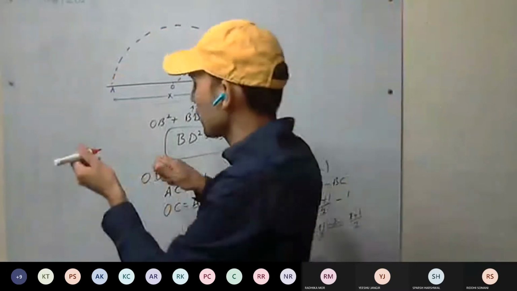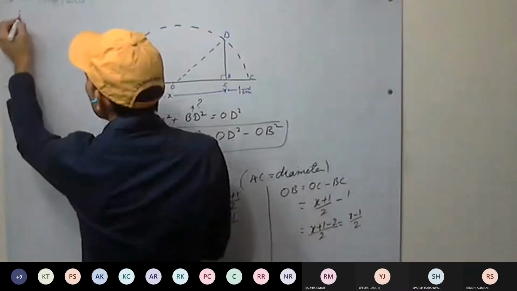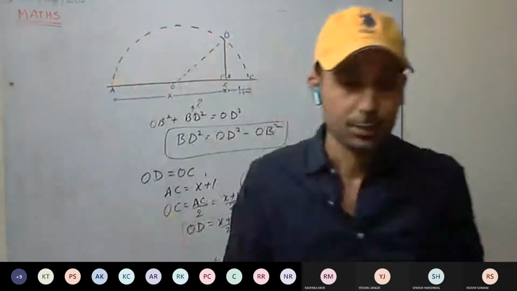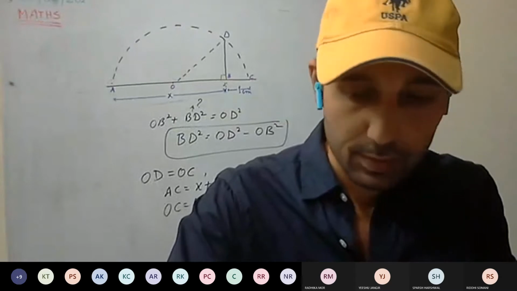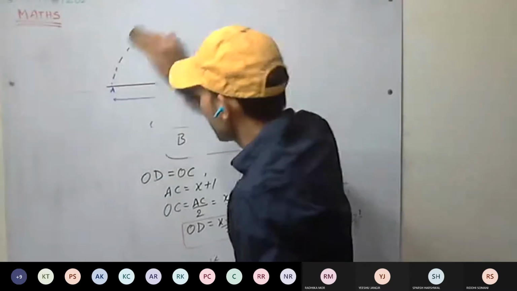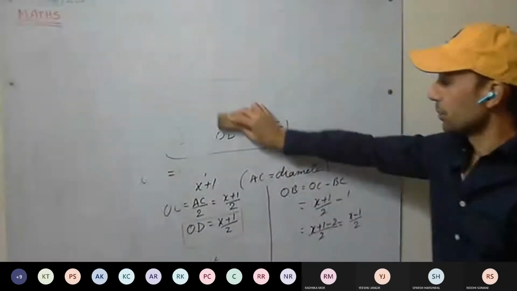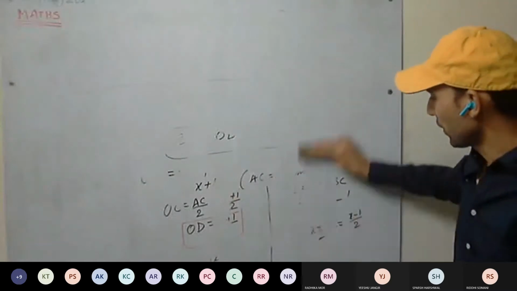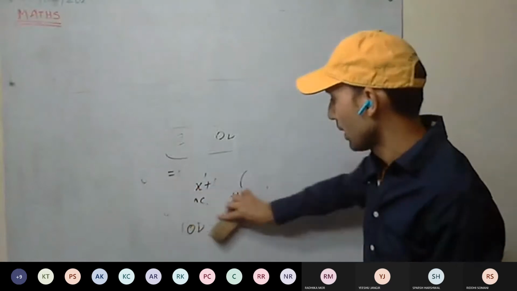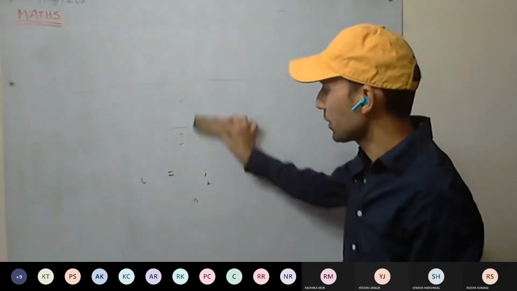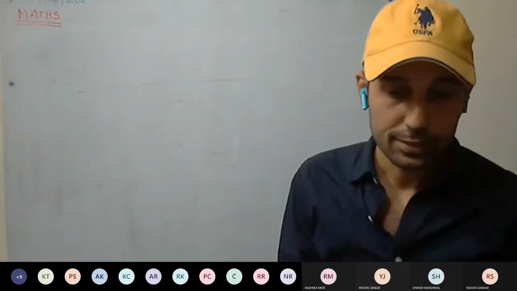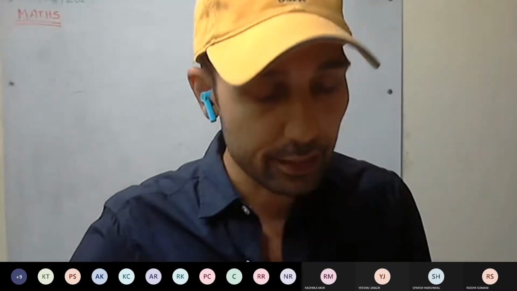Expansions. You have studied this as well, and we have used them a lot in this chapter. Last year you have studied variables, that is literals. What are variables? Those whose values vary, that means they can take any value. And constants you have discussed in algebra, which represent some particular quantity; their value is constant and doesn't change.